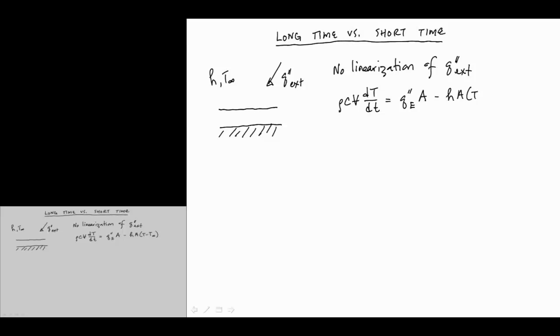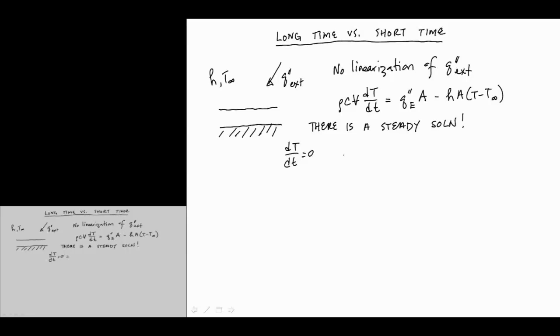There are some really interesting aspects to this problem. For fun, we understand that this problem has a steady state solution. So let's just say that there is a steady state, and the steady solution is the one where dT/dt is equal to 0.